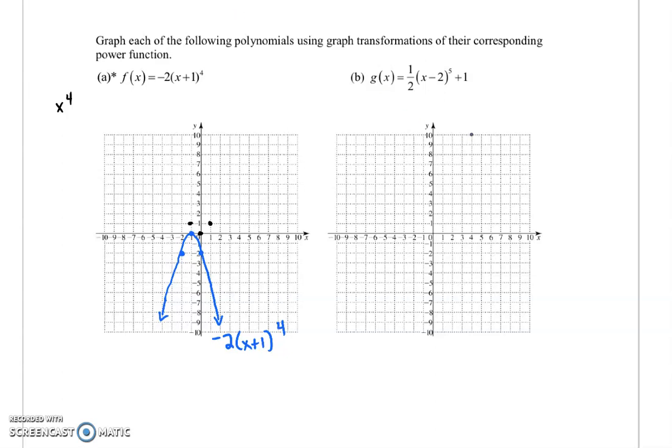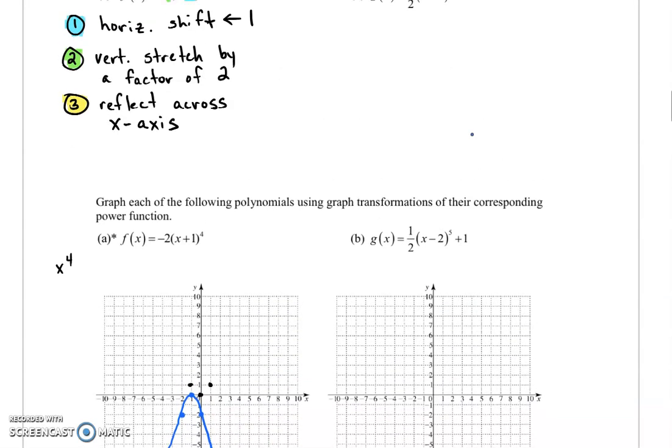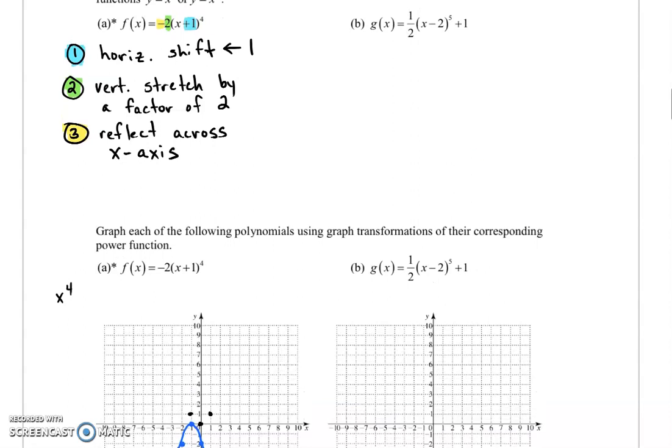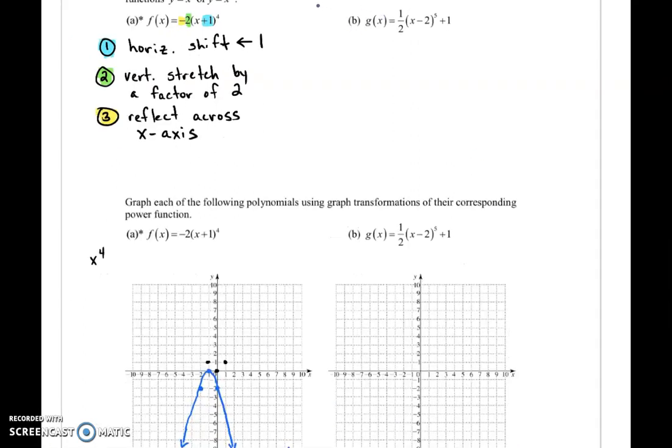Okay, let's go back up and let's do our second part, of the second problem. So this time we have a 1/2, we have a -2, and we have a +1.